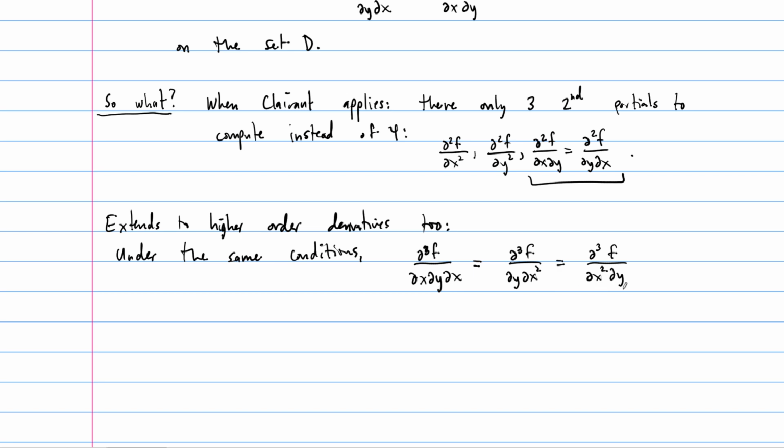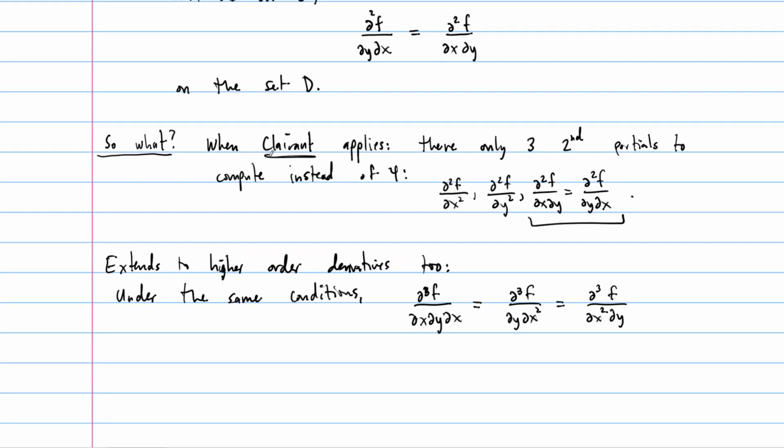These are the 3 different possibilities: y first, y second, or y third. That reduces the number of partial derivatives you have to compute even more. All 3 of these are equal, so they collapse into one computation if you're sure that Clairaut applies.